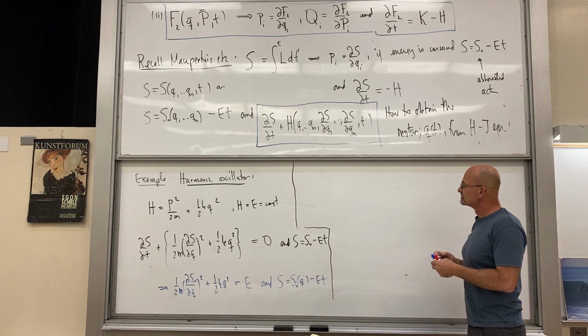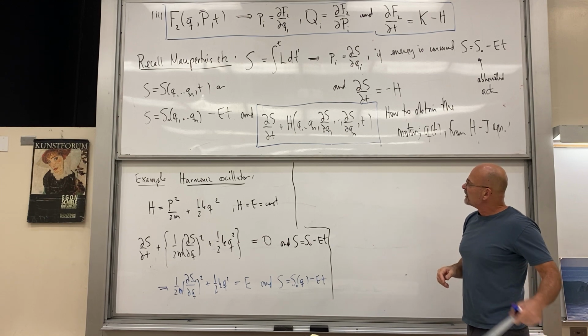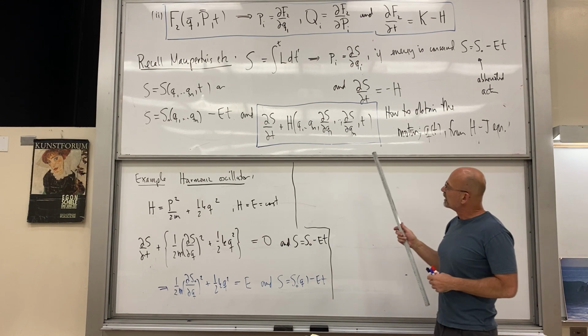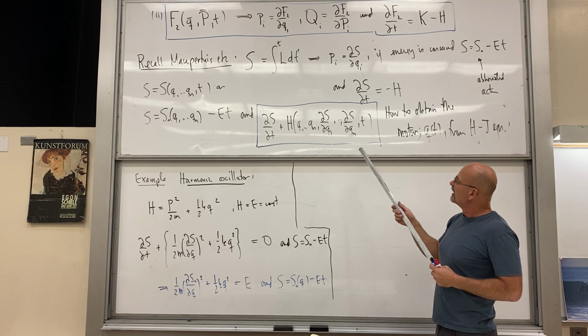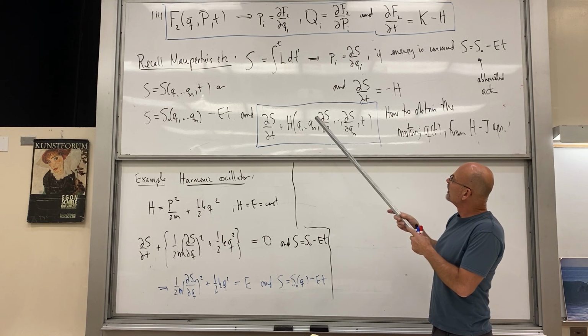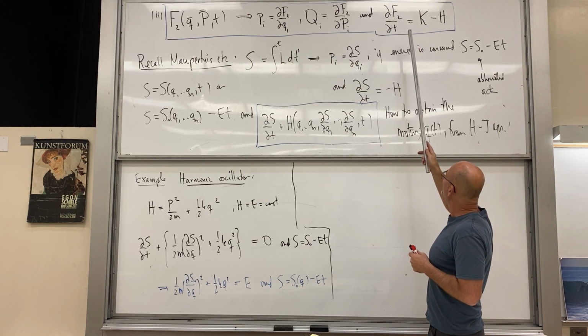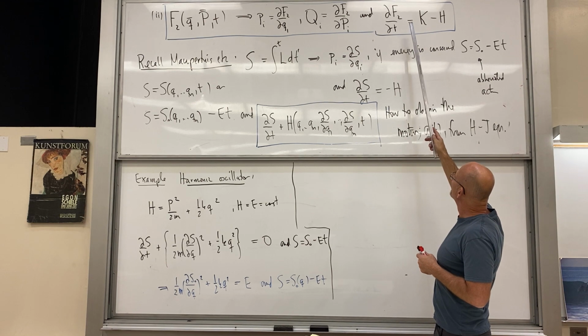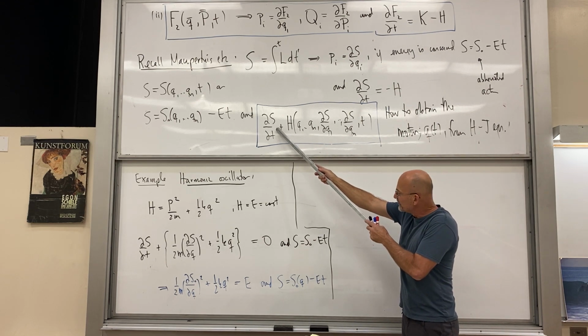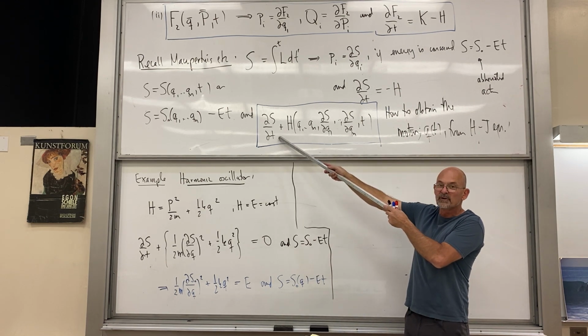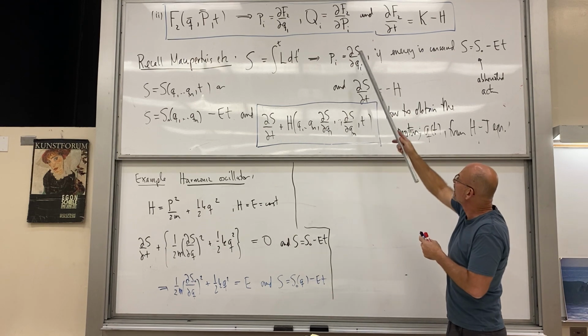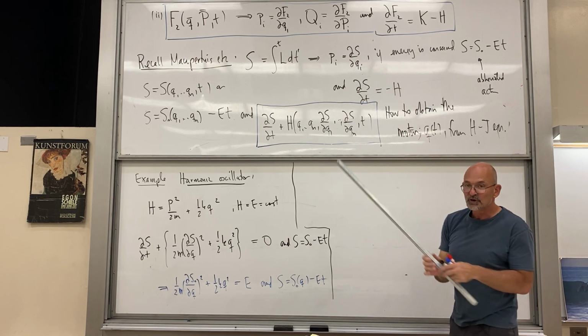Okay, so the trick we're going to use, so to speak, is we're going to interpret this function S that we found by hook or by crook as the generating function of type F2.